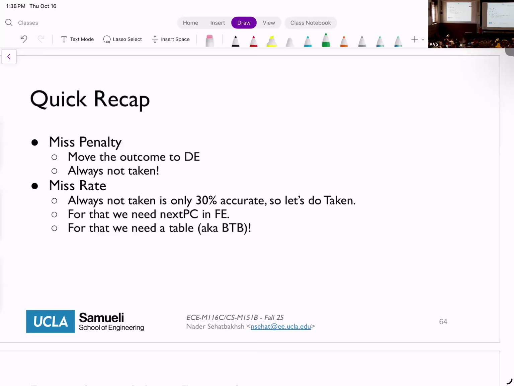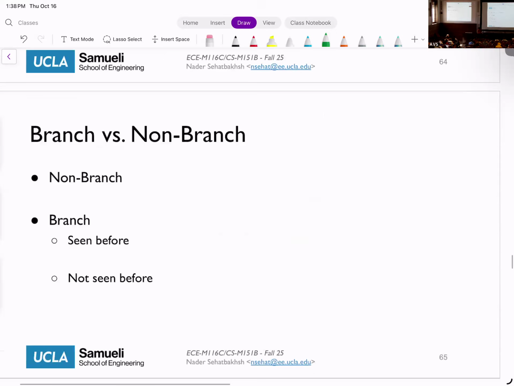To predict taken all the time, we need our next PC at the fetch stage. That's when we introduce the BTB concept. Again, that doesn't mean that we are perfect all the time. On average, we are accurate 70% of the time. Still 30% of the time, we need to do the flushing and all that, but it's an improvement.